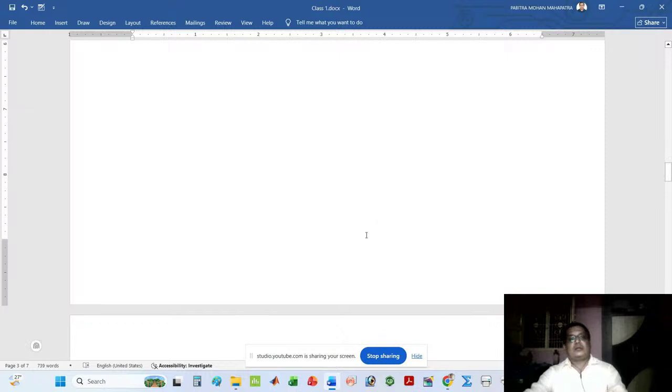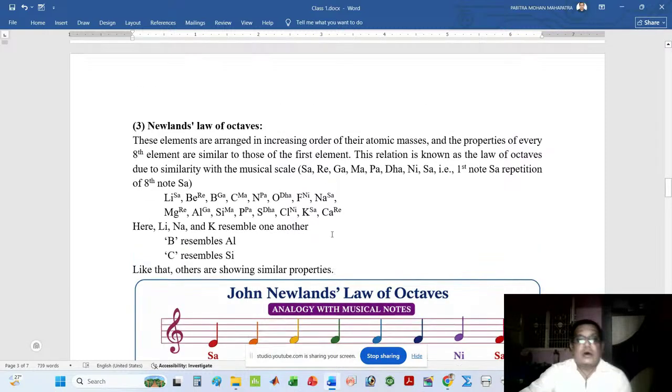Next thing about the new law of octaves. It is a very interesting classification of the periodic table. All know about the seven notes. All can sing a song, maybe a bathroom singer, maybe a professional singer.